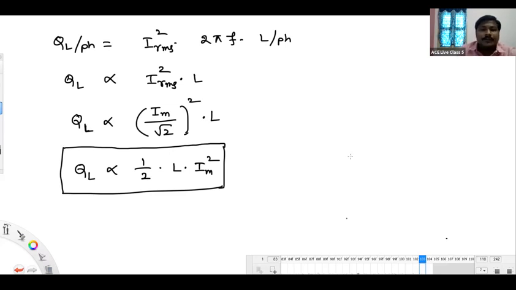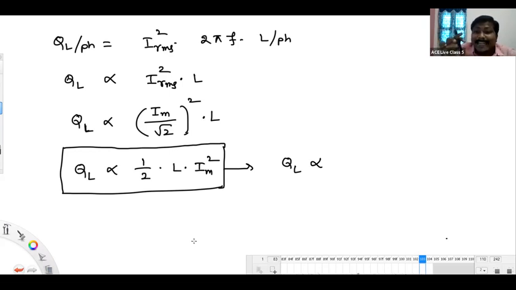What is that half L Im square? What is that name? Anybody tell me. Yes, that is the peak magnetic energy.